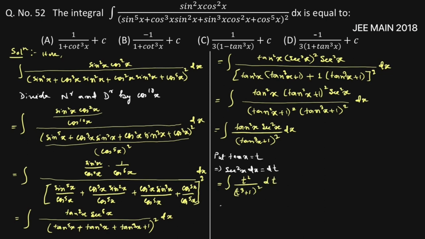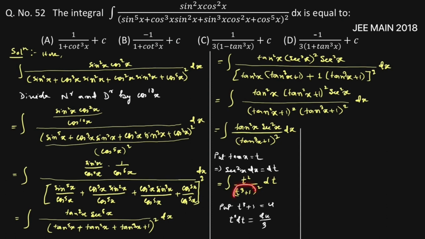Now again we put t cube plus 1 equal to u. If you differentiate both sides with respect to t, then we will get t square dt, which is equal to du by 3.